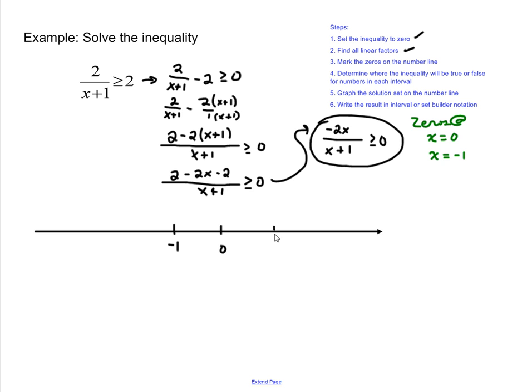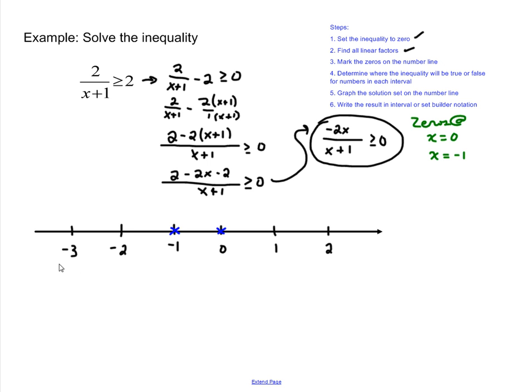But let's mark a few numbers around it so we know where we're at relative to those values. Here's negative 2 over here. Here's negative 3. So we mark the zeros on the number line, so let's go ahead and mark them right here in blue. x equals negative 1 and x equals 0. And what we're going to do is determine the intervals over that number line.